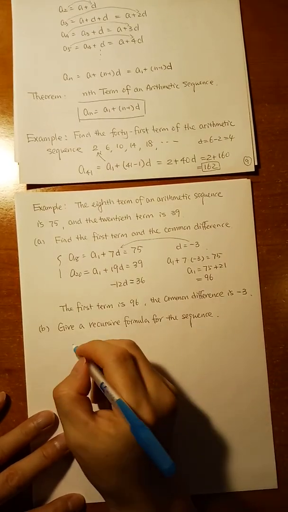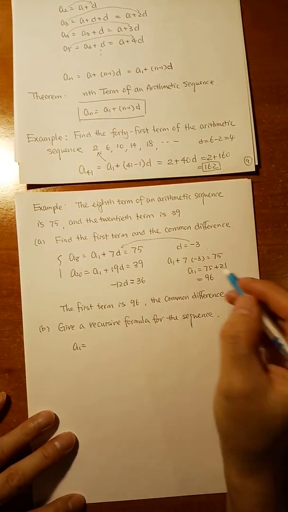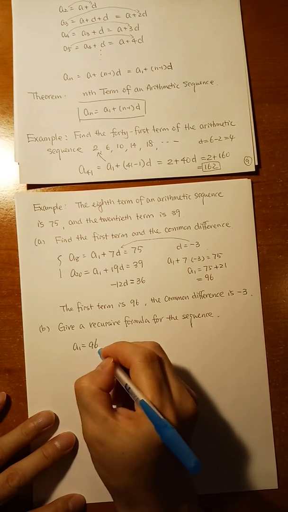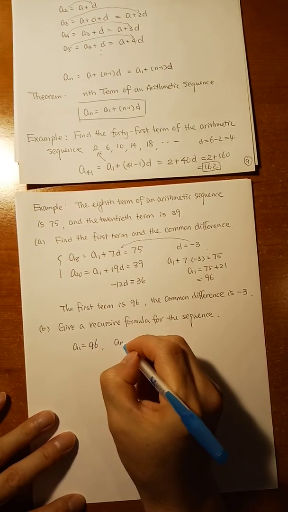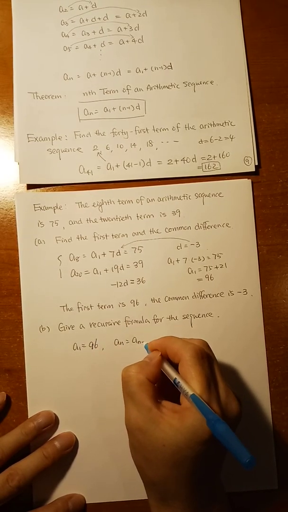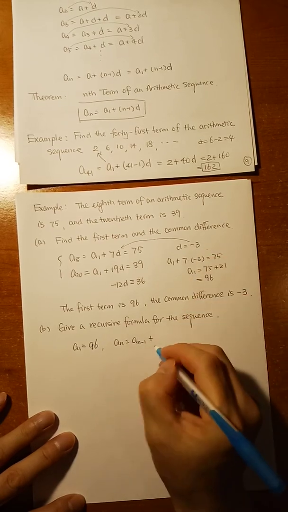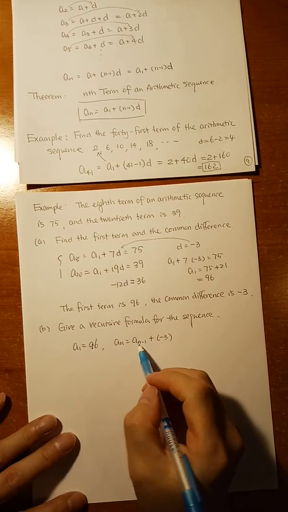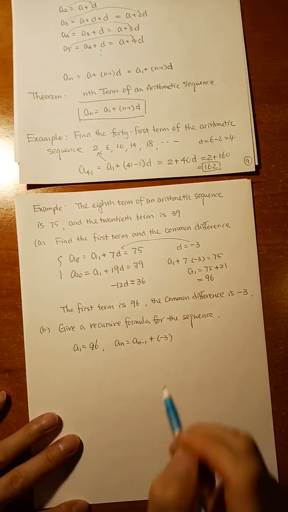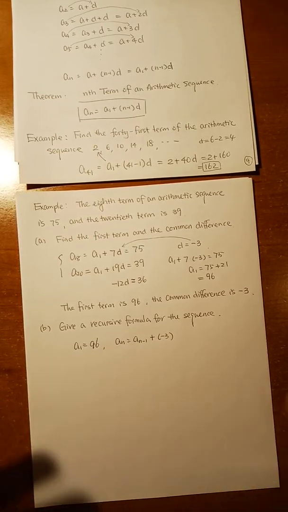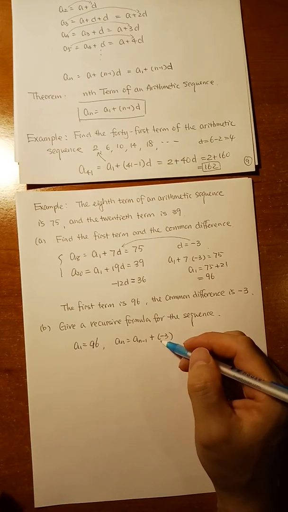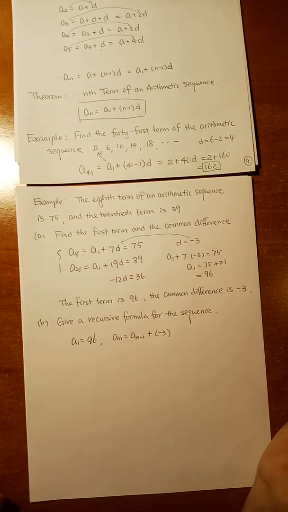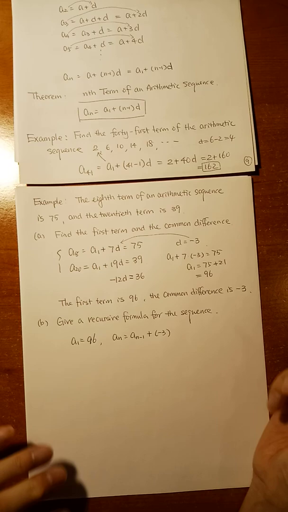The recursive formula for the sequence is A1 is 96, and An is A(n minus 1) plus D, here plus negative 3. Okay? It's always the preceding term plus the common difference. Here it is always addition, but you just add a negative number.